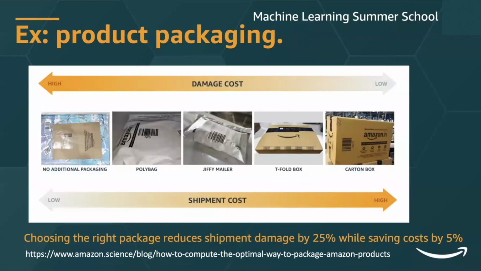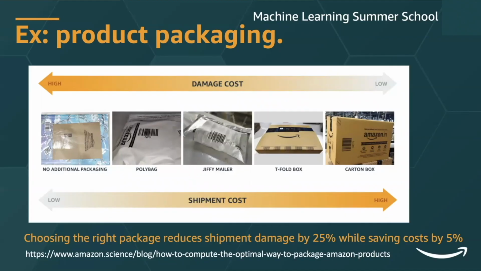A similar application is product packaging. We do not want to use packaging that is too big and wasteful for a product. On the other hand, we don't want to use inappropriate packaging and cause damage leading to losses. So we want to use the right packaging that balances both the product's safe delivery and reduces the cost.